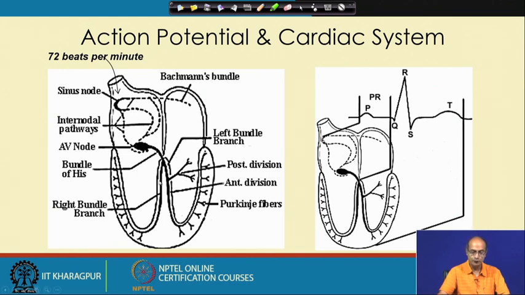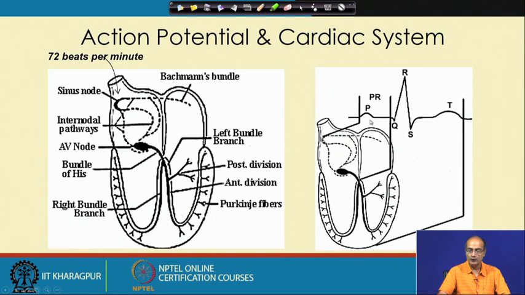And if we look at the electrical signal which controls the activity of this heart and record it, we see that first we get a small wave called the P wave, which is responsible for the contraction of the upper chambers, the atriums.